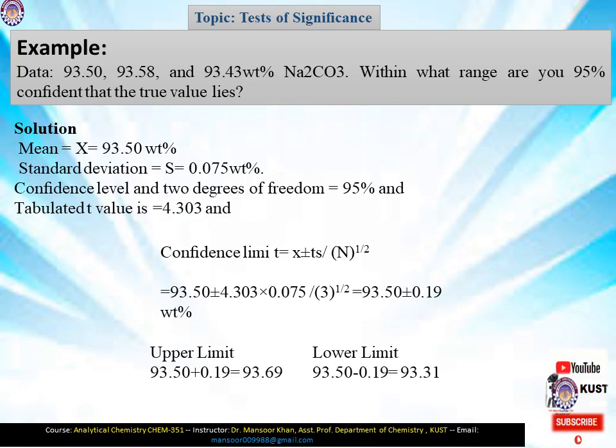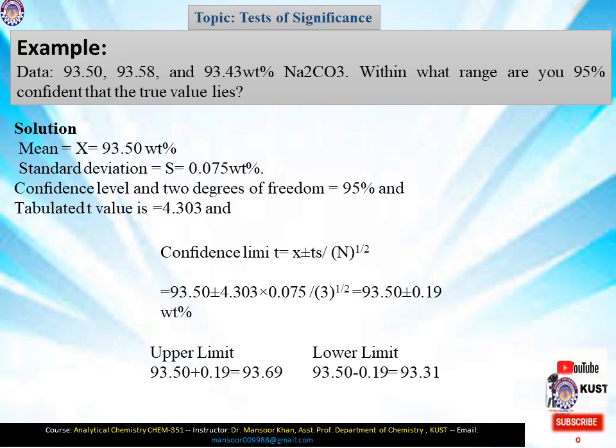Similarly, the standard deviation is also given, and we are not going into detail on how it is calculated, because in my previous lecture I gave you the details. The confidence level at 2 degrees of freedom is 95%, and the tabulated value, which is a statistical constant, t, is equal to 4.303.